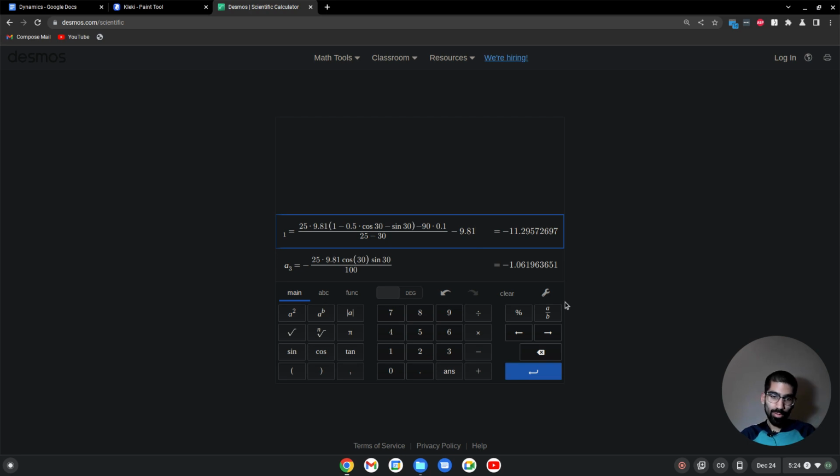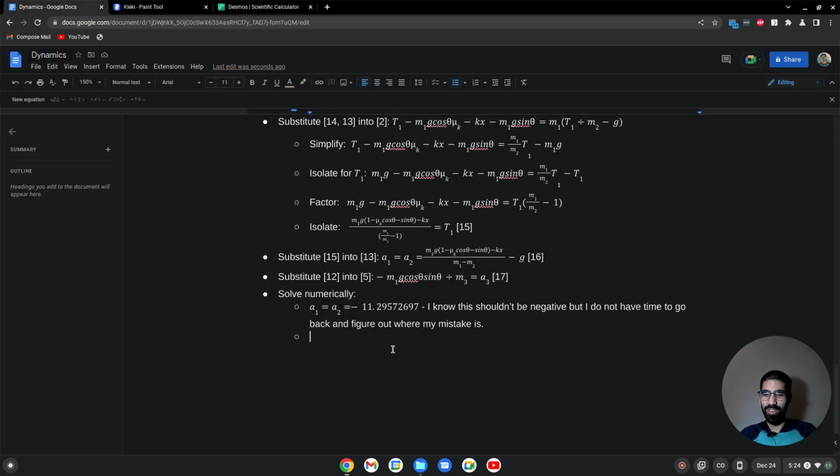Okay, this one seems more reasonable. This one's in the negative direction, negative 1.061. I don't care about significant figures, I'm rebelling against all my chemistry education. Anyways, let's make sure we put in units.